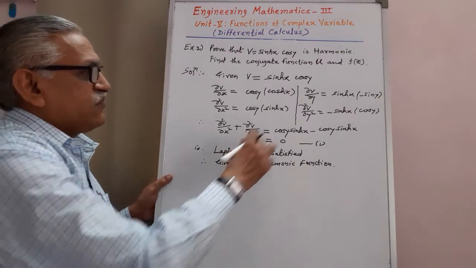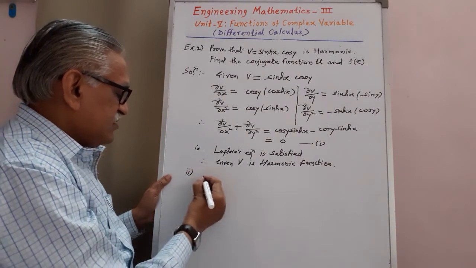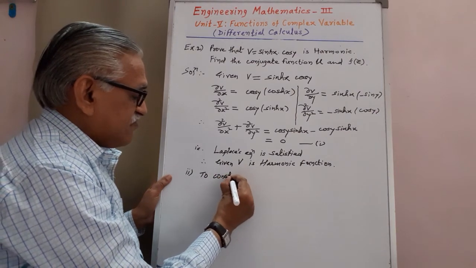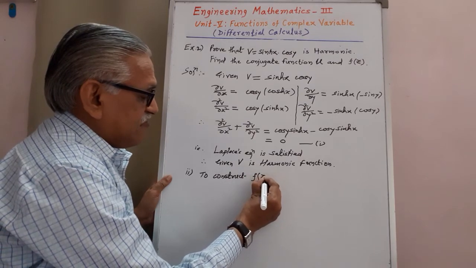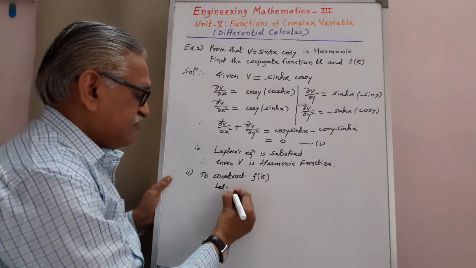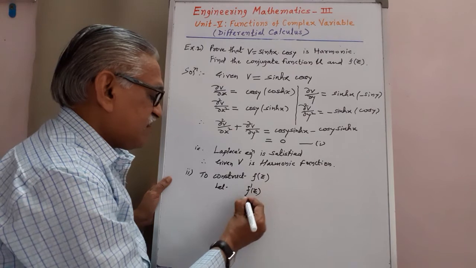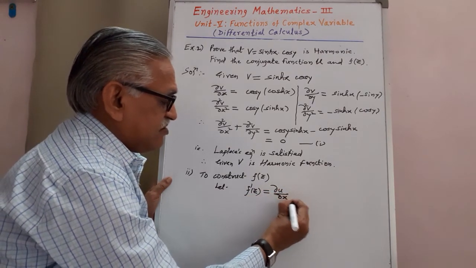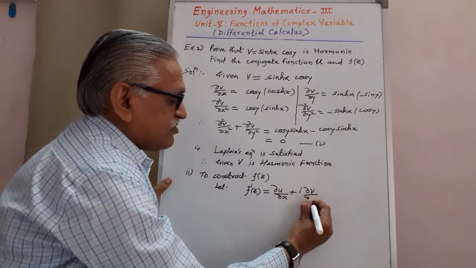Then we require to find f of z. Therefore, second part, to construct f of z, let's consider that f dash of z as dou u by dou x plus i times dou v by dou x.